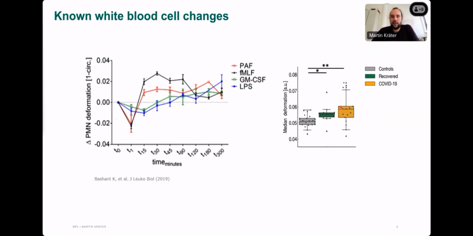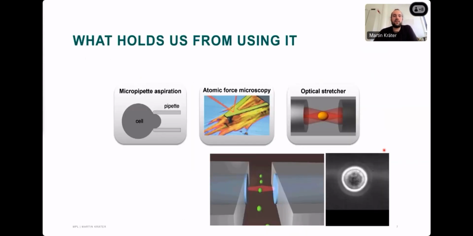And we have seen that these recovered people still have changes present, which are also present in the severe state. What we can say is that immune activation of neutrophils can be monitored by the deformation. So you might now ask, what holds us from using it?